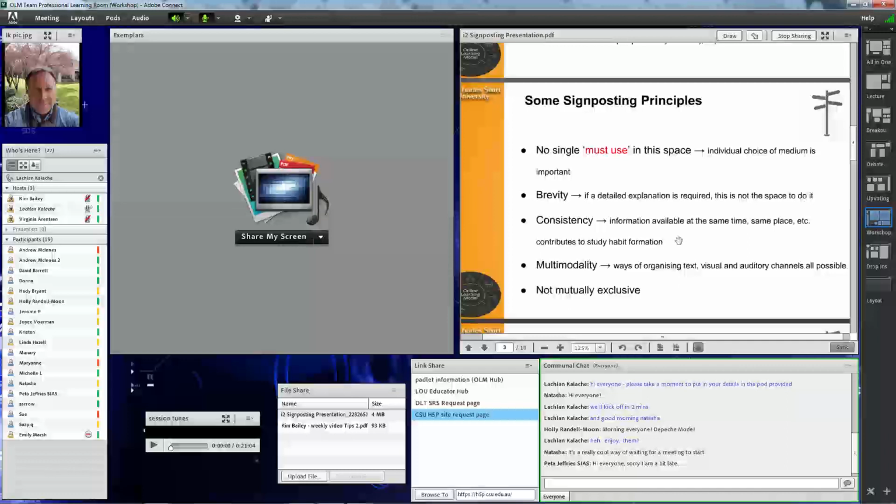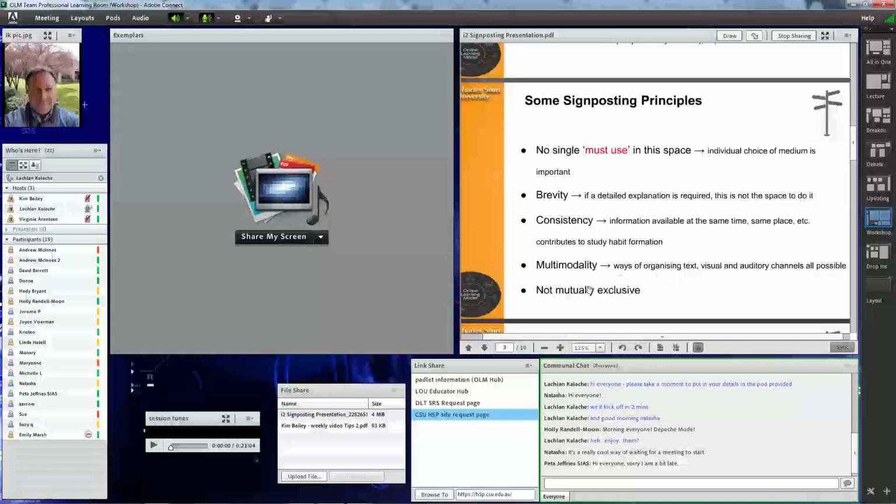That's why the landing page helps, really, because it means that it's that immediate entry point into the subject site. Every time they log in, they can expect to see certain things in front of them to help kick them off with their study. So that consistency informs, again, positive online study habit formation.